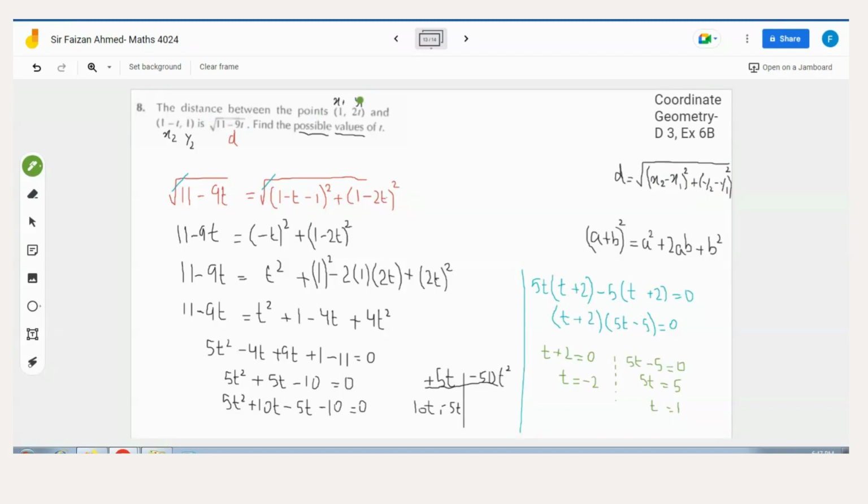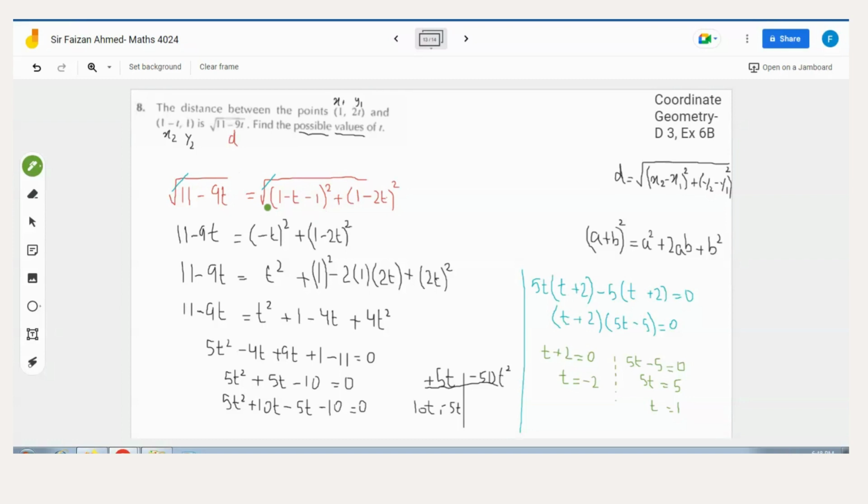The x1 value is 1, so I will write 1, bracket close, square, and then plus (y2 minus y1). The value of y2 is 1, so I wrote 1 minus, and the y1 is positive 2t, so I wrote 1 minus 2t whole square.